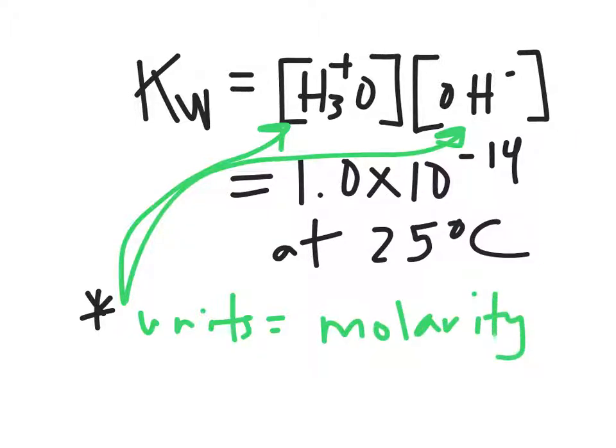Okay, so concentrations, when plugged into the ionization product, are always in molarity. And when you multiply those concentrations, the molarity of the hydronium ion times the molarity of the hydroxide ion, you will always get 1.0 times 10 to the minus 14th when you're at 25 degrees Celsius.